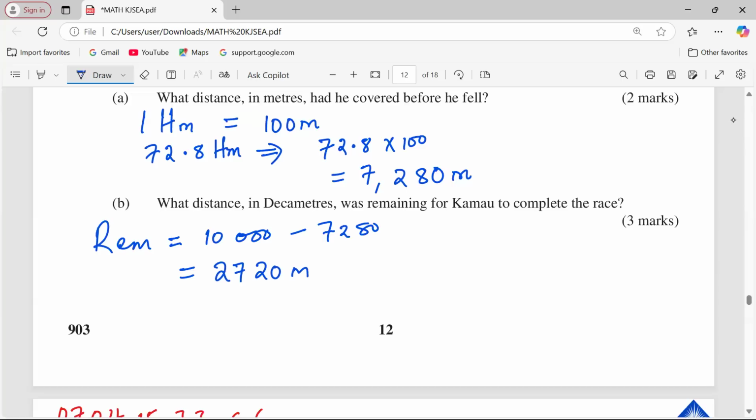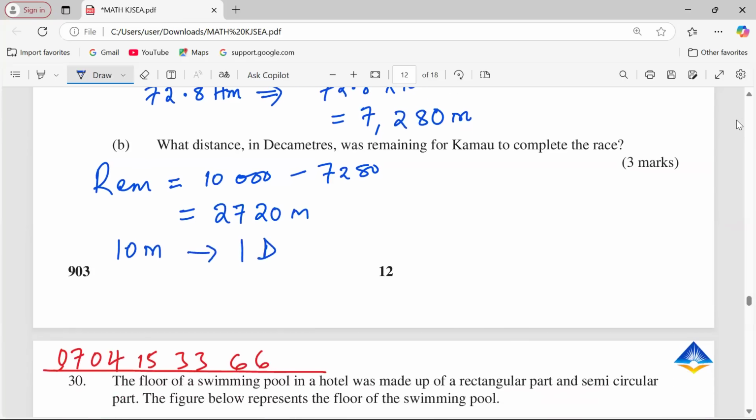And we usually say that we have 10 meters making up 1 decameter.